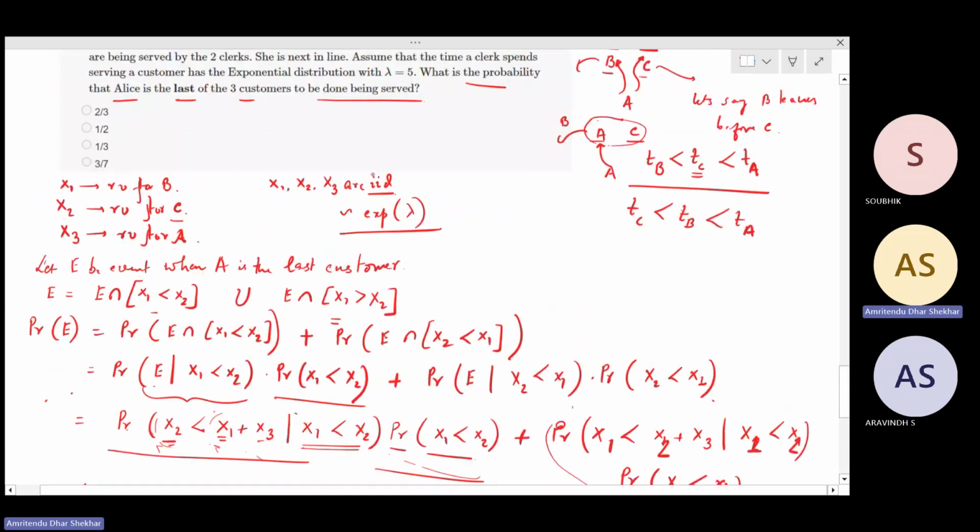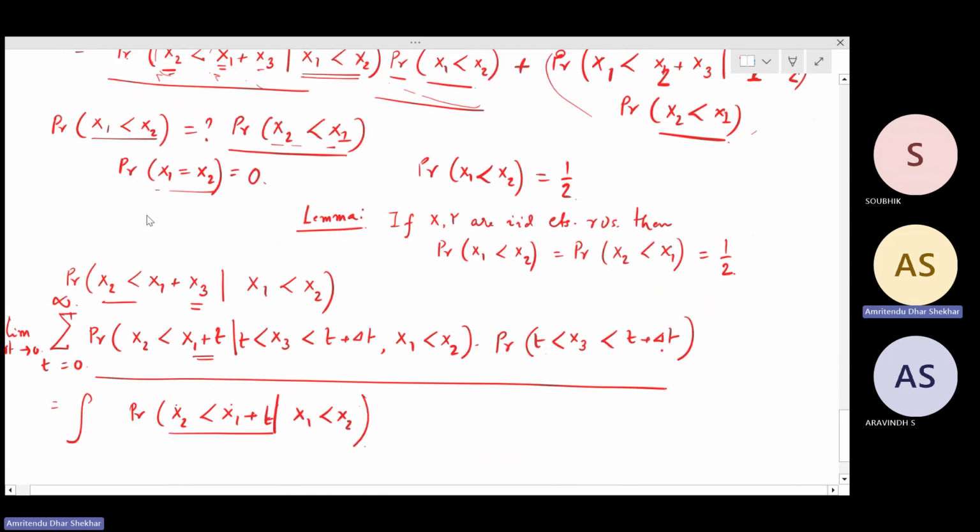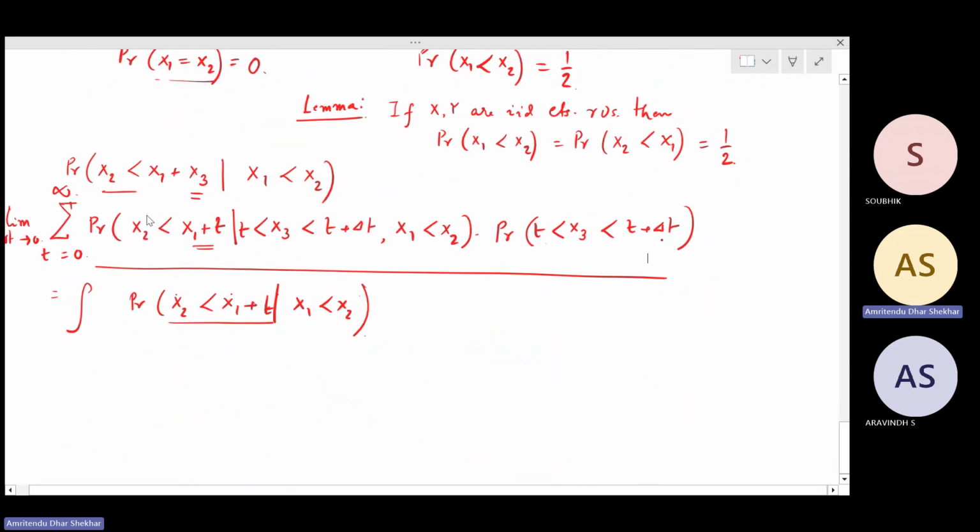So x1, x2, and x3 are exponential random variables, so their density functions are the same. So instead of explicitly substituting the density function, let's just call it small p of t dt.